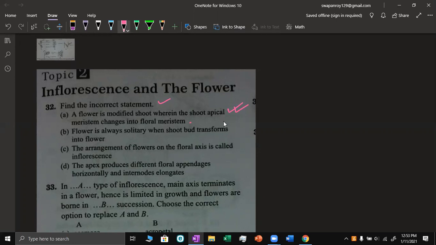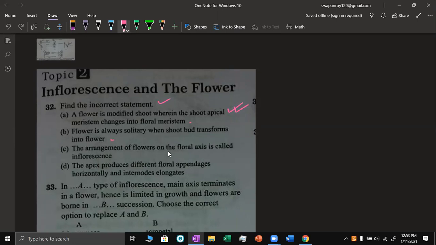So a flower is a modified stem or modified branch. B: Flower is always solitary when a shoot bud transforms into a flower. Is this one correct?